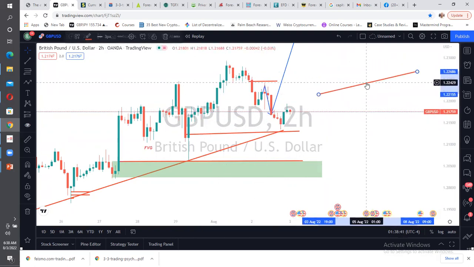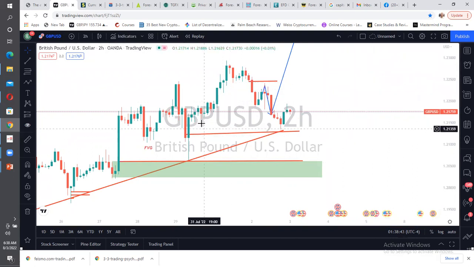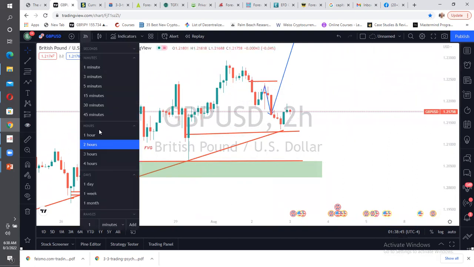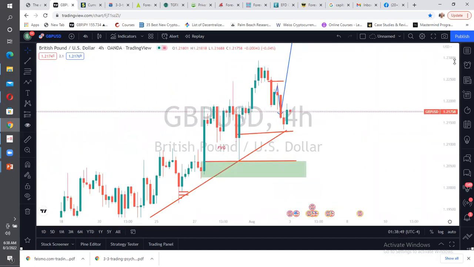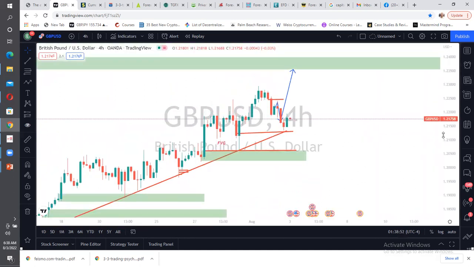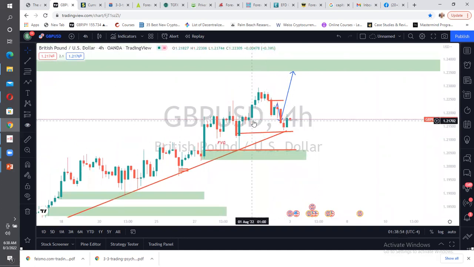what are we then looking at now? Let's go to 4 hours. H4. Now market has broken this short to the downside and it pulled back here. Let me take this out.